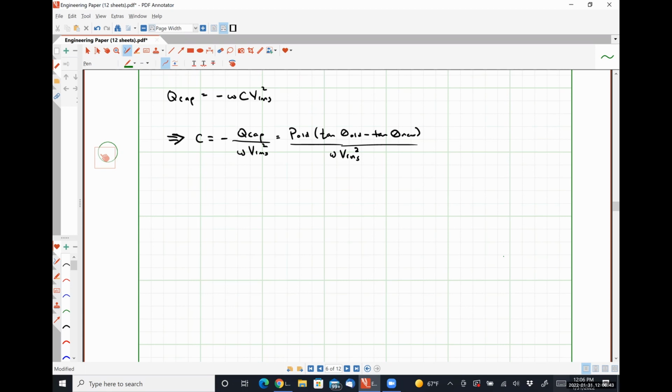Do we know VRMS? I disagree, because VRMS is VS in this case. So this represents the voltage drop across the capacitor, which is our source voltage, not the voltage drop over our loads. If we were trying to correct the load, we could use the 240 angle 0, but we're not correcting at the load, we're correcting at the source. So we need to know what that source voltage is. So we have our work cut out for us.